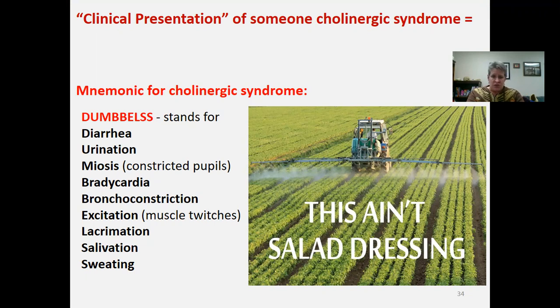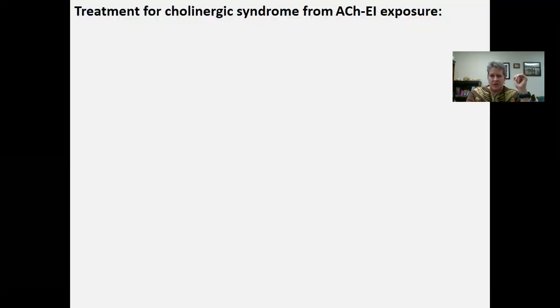Now, left untreated, cholinergic syndrome can certainly kill you. The bradycardia, your heart rate could drop too low, the bronchoconstriction, difficulty breathing, and then the increased body temperature from full body seizures, that could certainly kill someone. So, someone comes in with cholinergic syndrome. Here's what you want to have ready. So the treatment is three-pronged.